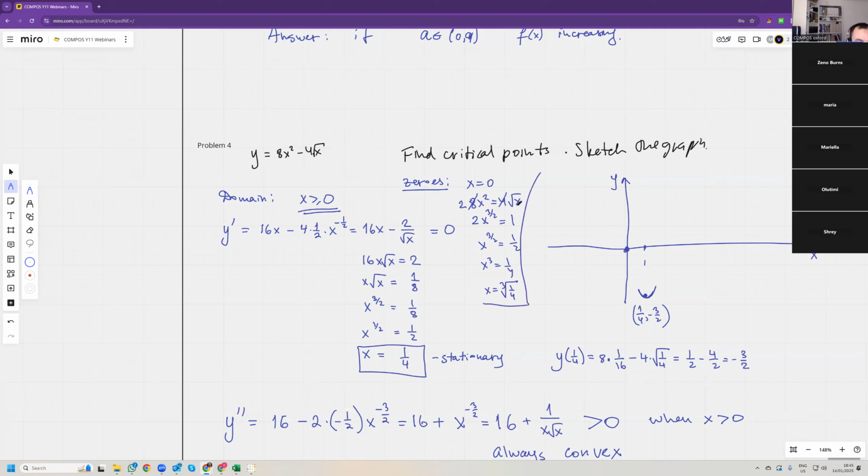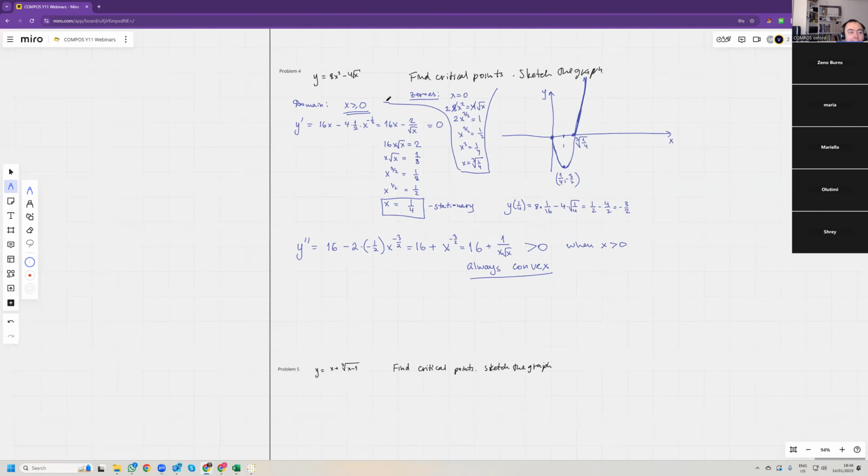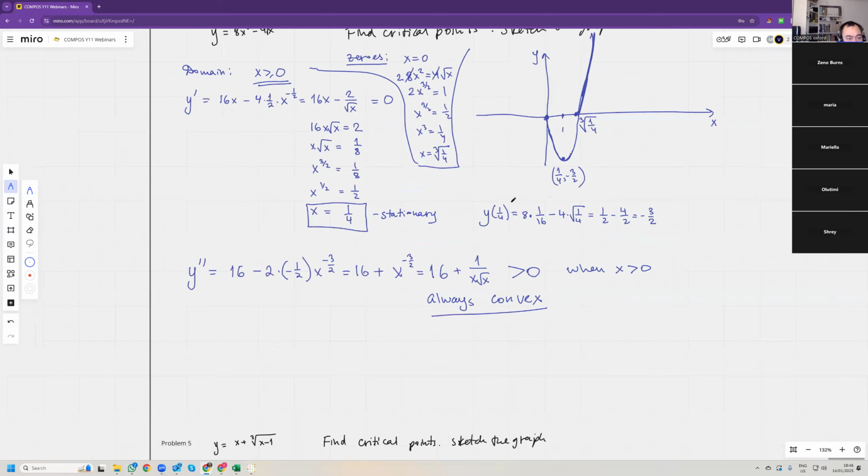That's another 0. So that's somewhere here, cube root of 1/4. And here we are. So it's going to go like this, and because it's always convex, it will go like this. So that's what we did. We found the critical points, which is 1/4. We found the y value, and we've drawn a graph.